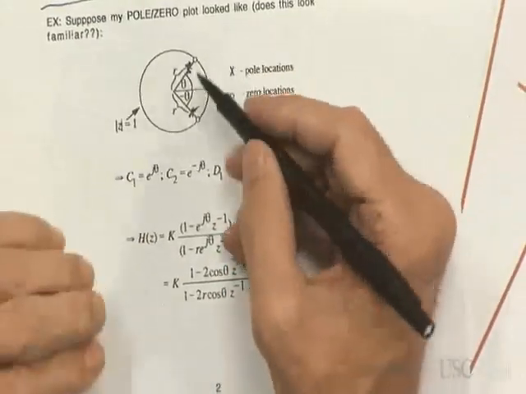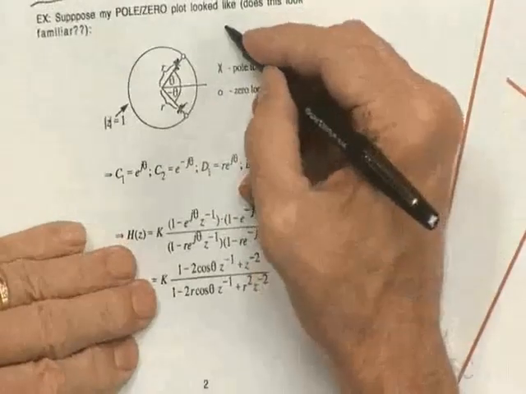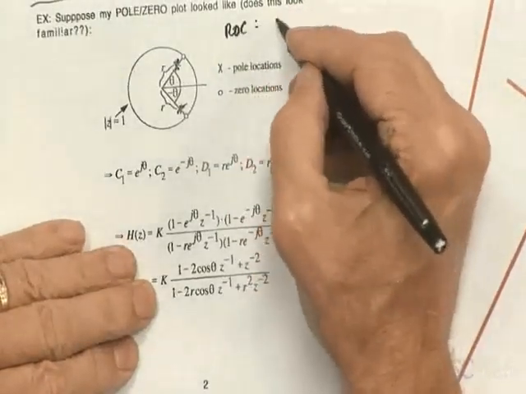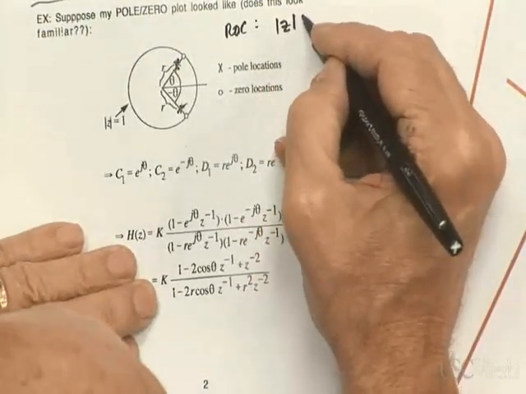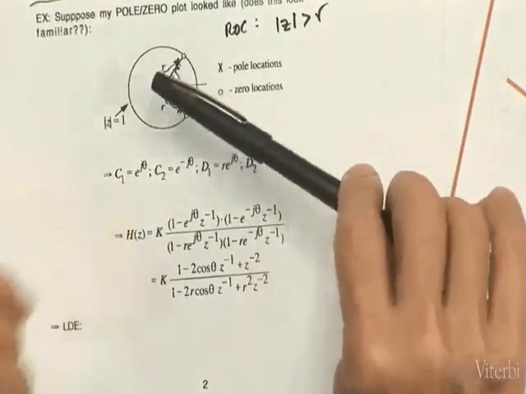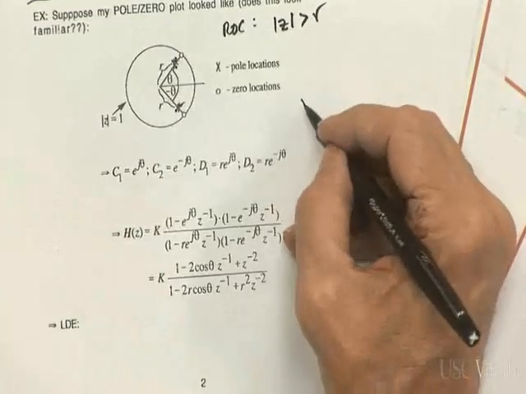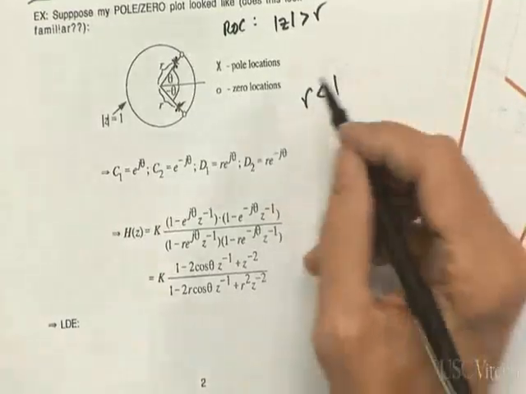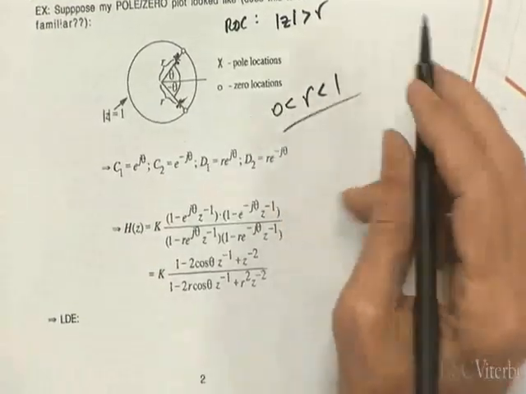And guess what that region of convergence is? The ROC is the set of all z with magnitude greater than r. The magnitude of those poles, those x's, is r. And r is, as you will see, less than 1 and greater than 0, of course.